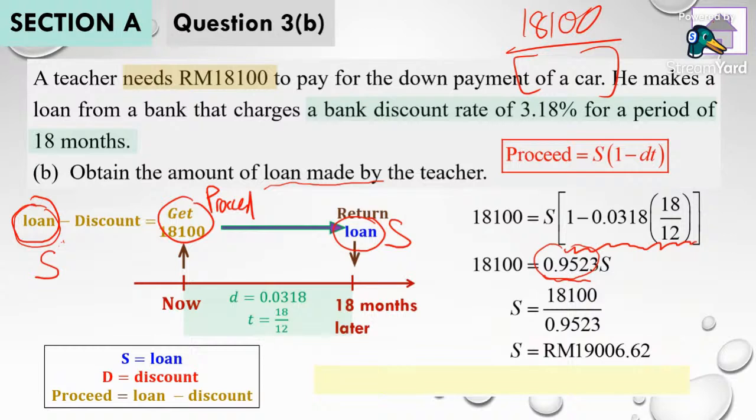S equals to RM19006.62. And this value is referred to the amount of the loan made by the teachers, which is 19,006 ringgit 62 cents.